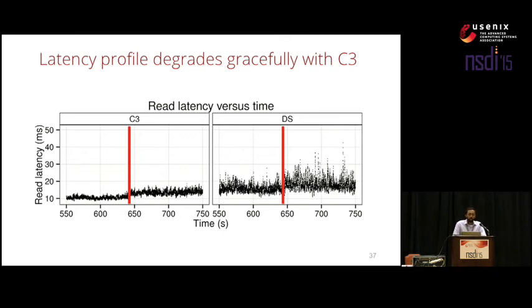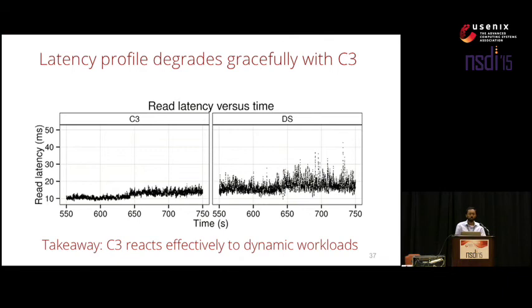Notice that in both cases, between the two time series, C3's latency profile is a lot more stable than with dynamic snitching. And most importantly, the latency profile with C3 in the presence of the update-heavy traffic is better than when dynamic snitching is operating without the write-heavy traffic, suggesting that C3 does react very effectively to dynamic workload patterns.